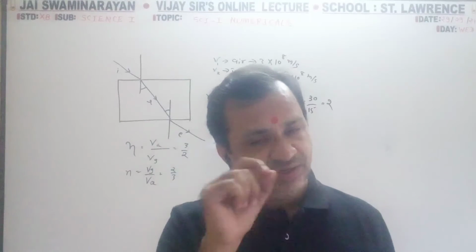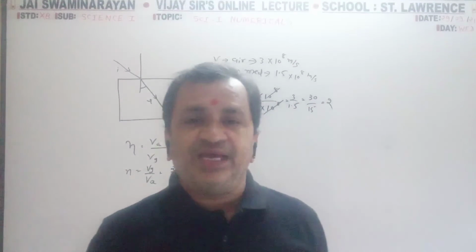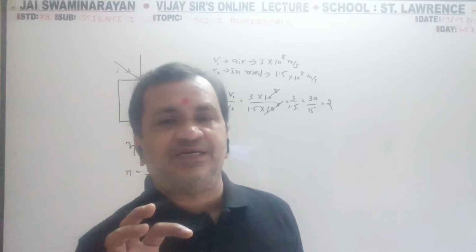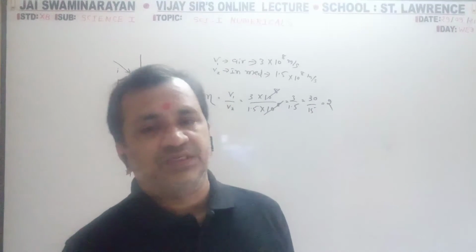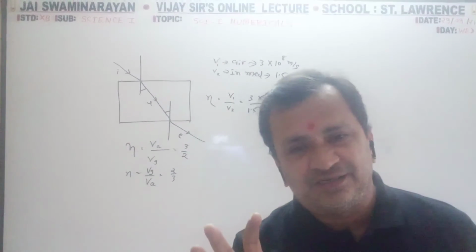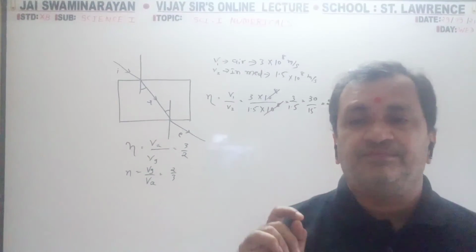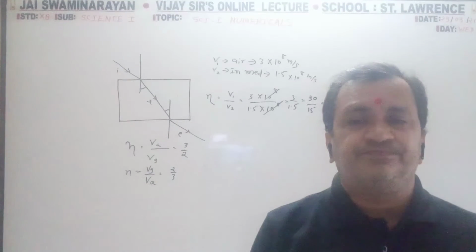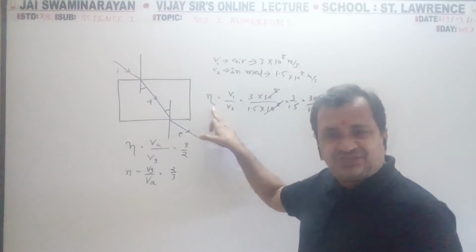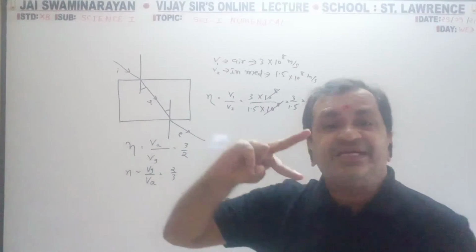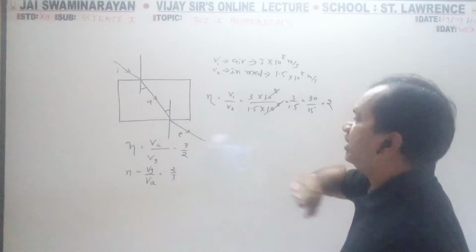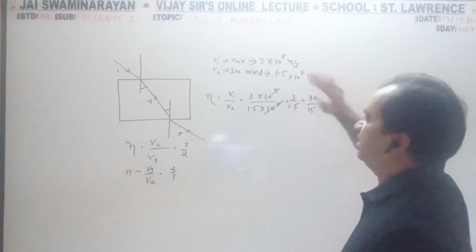So they will ask one very intelligent question: why does refractive index have no unit? We are just writing a number, not kilo, not liter, Newton, dyne. Why? Because refractive index is a ratio of the same unit. Just like 10 raised to 8 cancels 10 raised to 8, meter per second cancels.